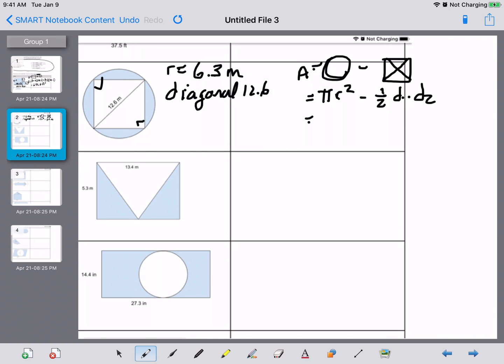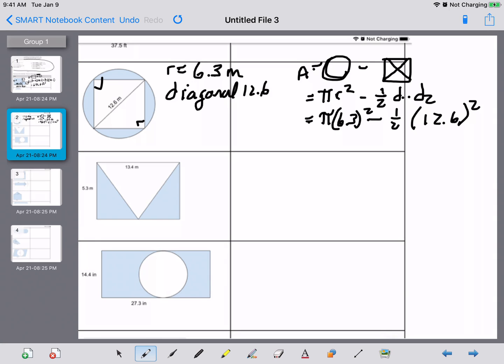So I'm going to take the two measurements I found. I get pi times 6.3 squared minus 1/2 times 12.6 squared, since my diagonals are the same. I'm going to grab my calculator and put in 6.3 raised to the second power times pi minus 0.5 times 12.6 squared.